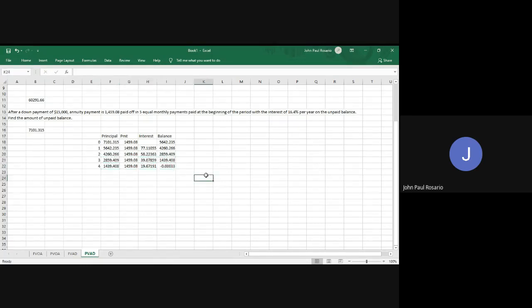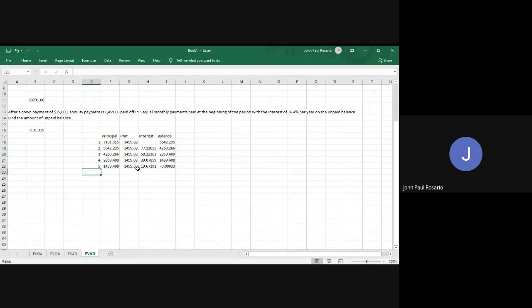Okay. So guys, as you can see, how many payments occurred? Five, right? Five payments. It's beginning, so at the beginning of year 1, period 1, 2, 3, 4, 5.